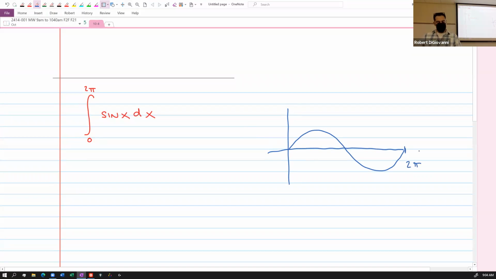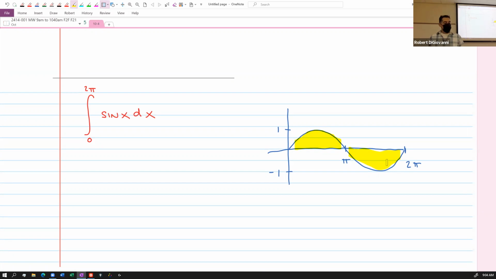Here pi is in the middle, and the amplitude is 1. What we're interested in finding is the area under this curve. We're trying to figure out what's this area and this area together. The answer to this will give us that yellow area.